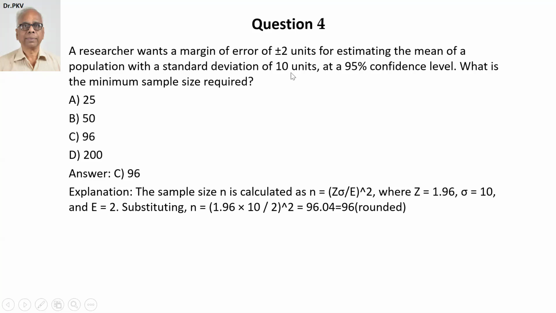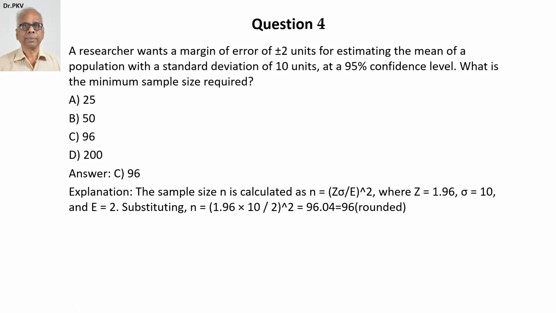Sigma is equal to 10, given. The margin of error is plus or minus 2, so E is 2. And therefore, substituting 1.96 into 10 upon 2, the whole squared, which is equal to 96.04, rounded to the integer, it is 96. Sample size is 96.